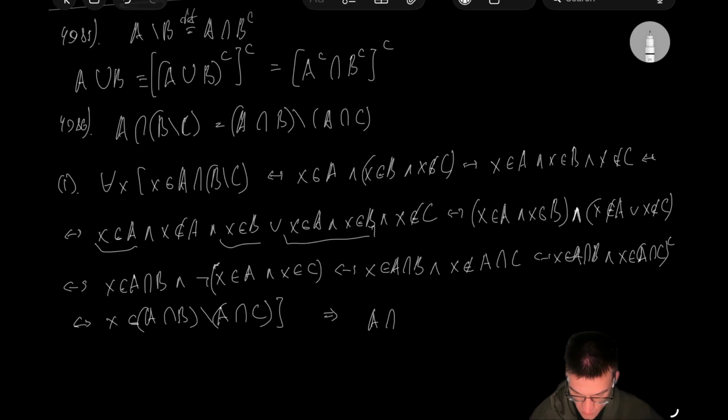Therefore, A intersection (B minus C) is the same as (A intersection B) minus (A intersection C).